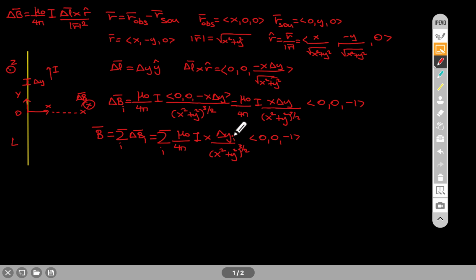This is the delta y of each small piece, and this is the y of each small piece.